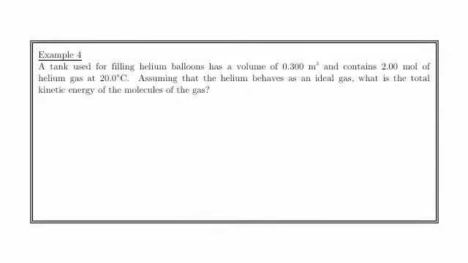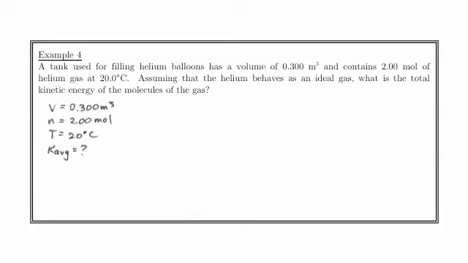So let's take a look at a couple examples. A tank used for filling helium balloons has a volume of 0.3 meters cubed and contains 2 moles of helium gas at 20 degrees Celsius. Assuming that helium behaves like an ideal gas, what's the total kinetic energy of the molecules in the gas?